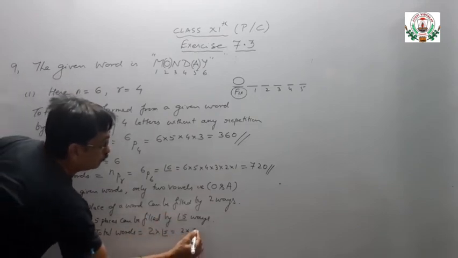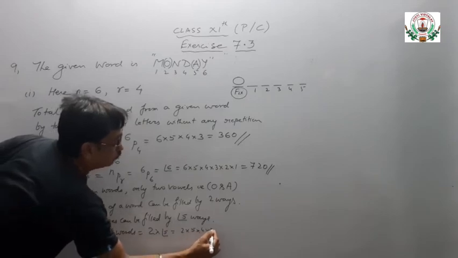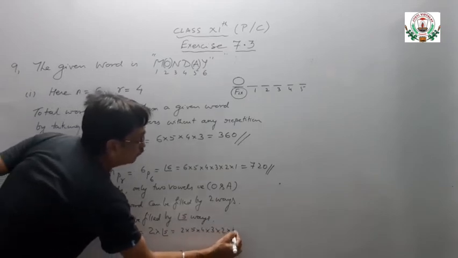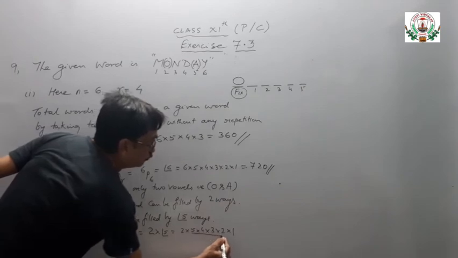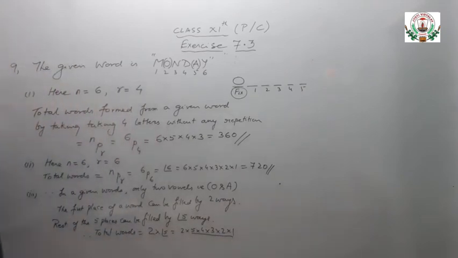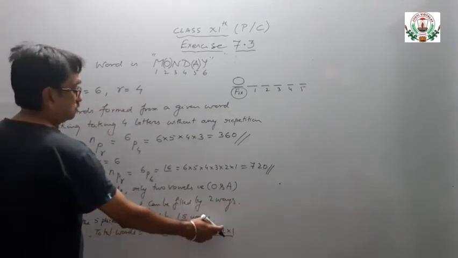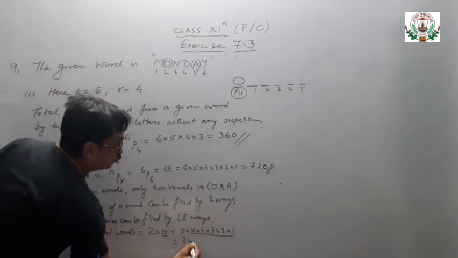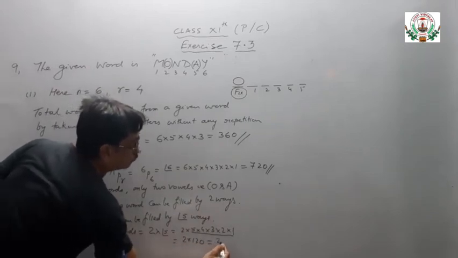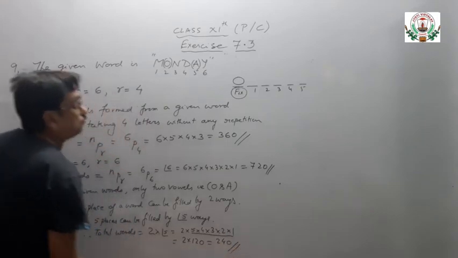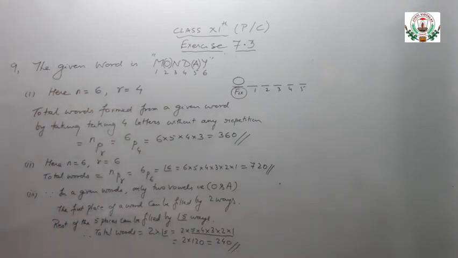So 2 into 5 into 4 into 3 into 2 into 1. So 5 into 4 is 20, 20 into 3 is 60, 60 into 2 is 120. So 2 into 120 equals 240 words will be formed.